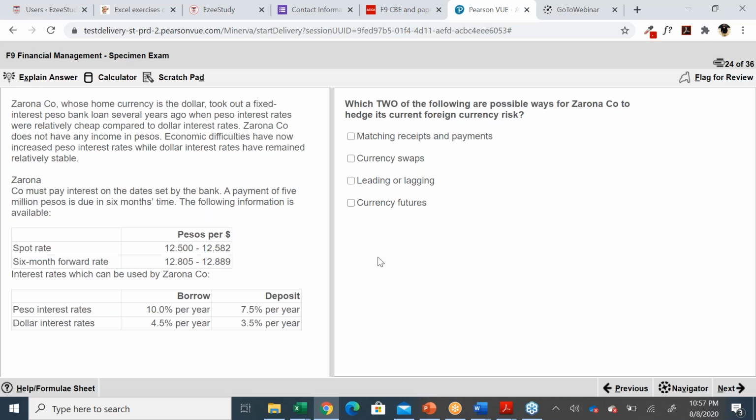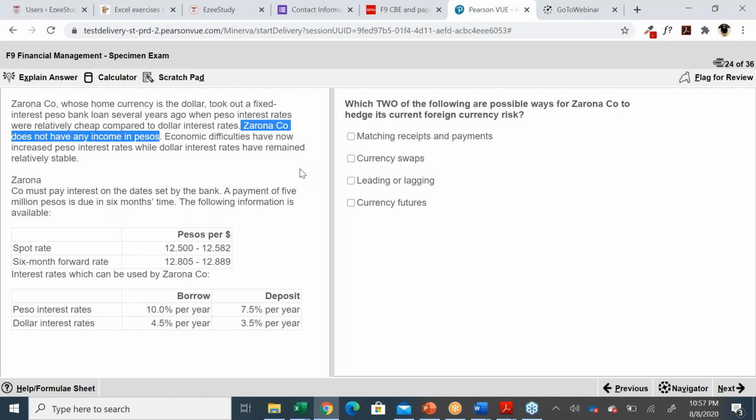Well, it has clearly said that it does not have any income in the currency, right? Zerona company does not have any income in pesos. So there is no chance that it can match or net off the payment. So matching is not possible.